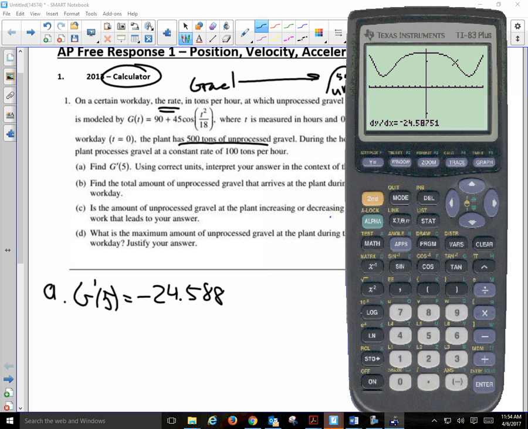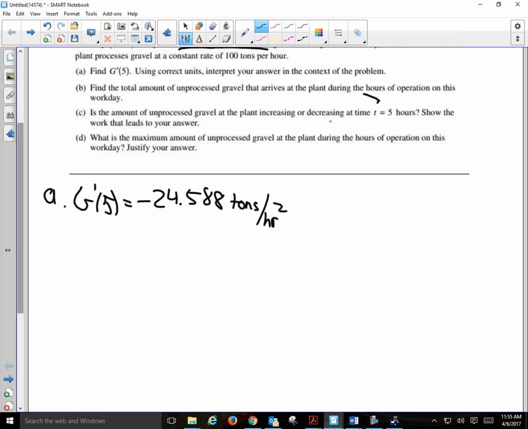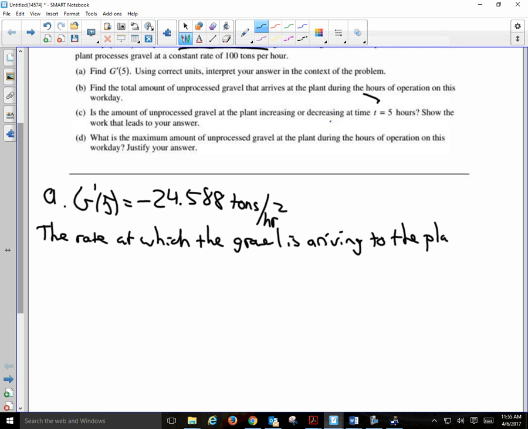And it's measured in tons per hour. If I take the derivative of tons per hour, what do I get? Tons per hour squared, okay? So what does this mean? This means the rate at which the gravel is arriving to the plant, is the rate at which it is arriving increasing or decreasing?